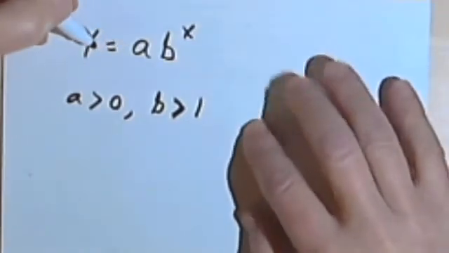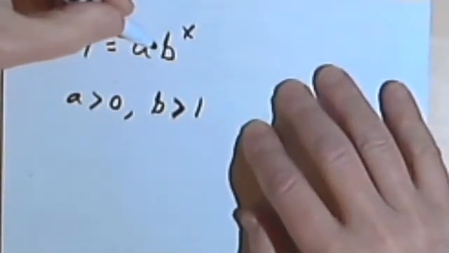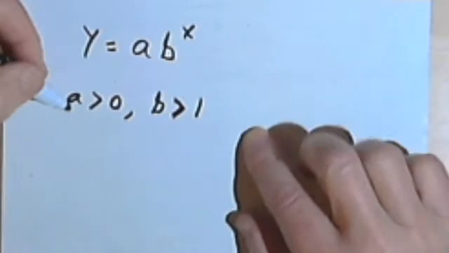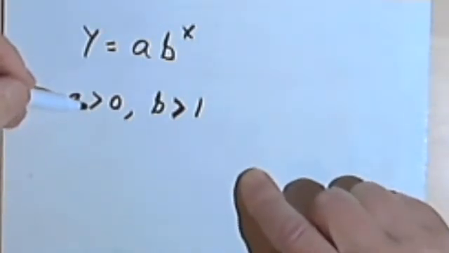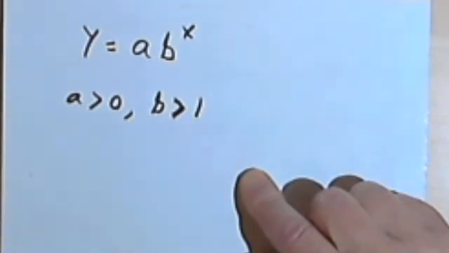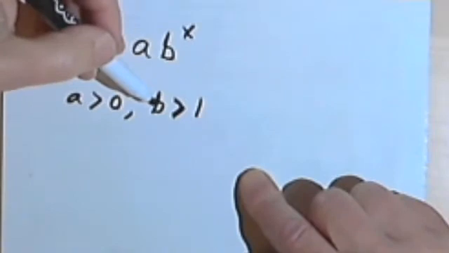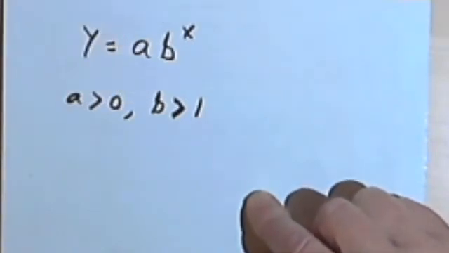I've got this general equation, y equals a times b to the x. And let's see what happens. When a is positive, I've got a graph where all my values are positive. And when b is greater than 1, I've got a graph that increases in value.